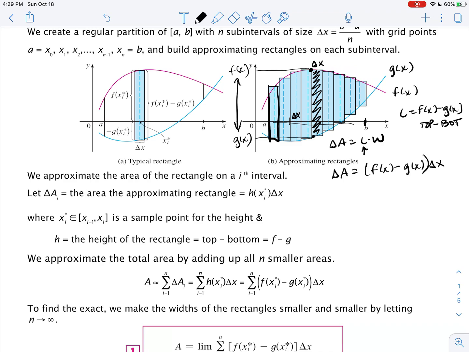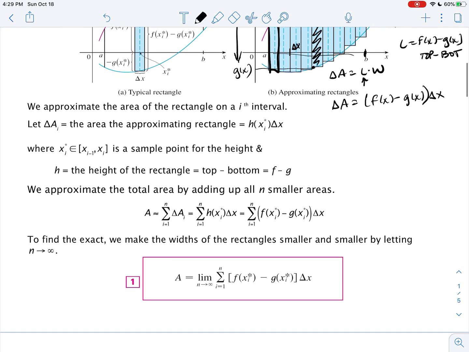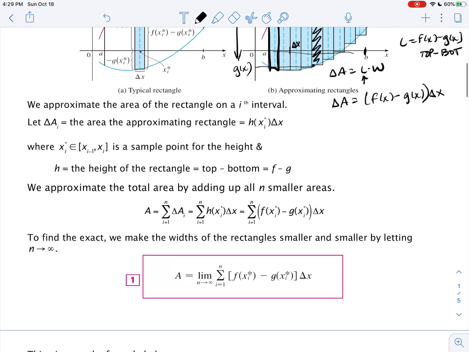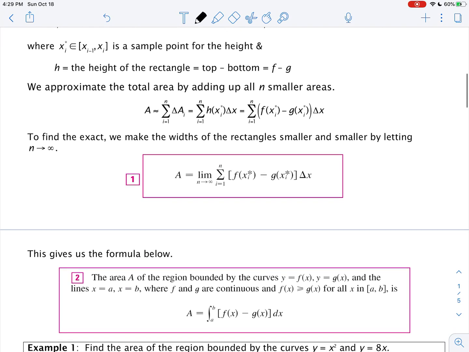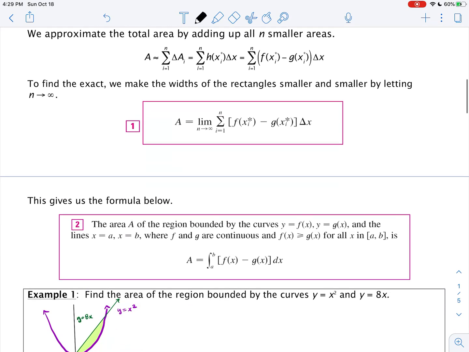Good. And now we use our calculus with that Riemann sum. We let the number of rectangles go to infinity, and that's how we define the area between the curves, and this is our formula here. And knowing that A to B is the range of our slices.